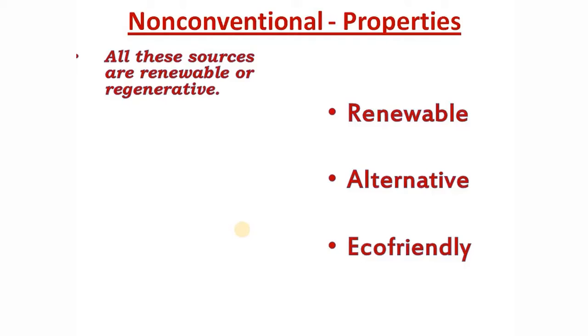Petroleum, for example, once finished, you cannot reproduce it. But wind energy will be there forever, until the earth and the solar system are there, until the rotation of the earth is there, wind will be there.